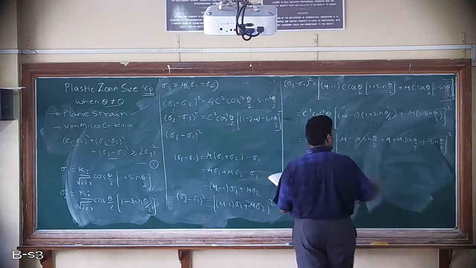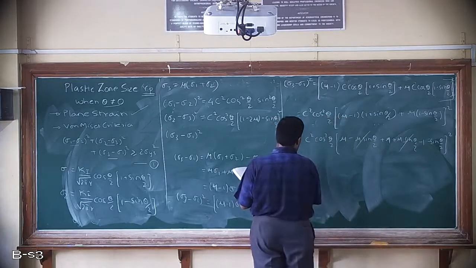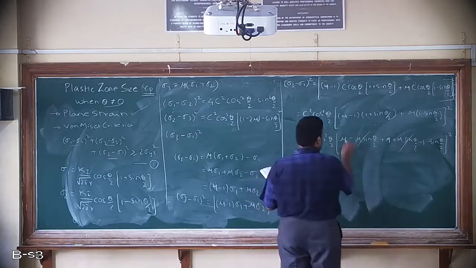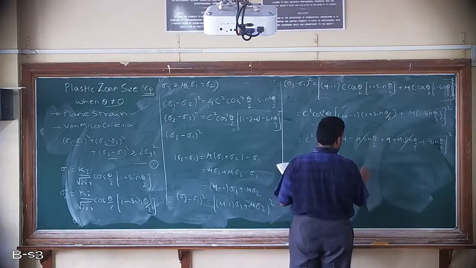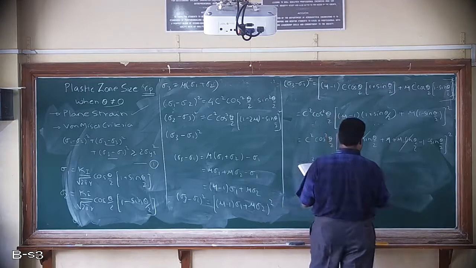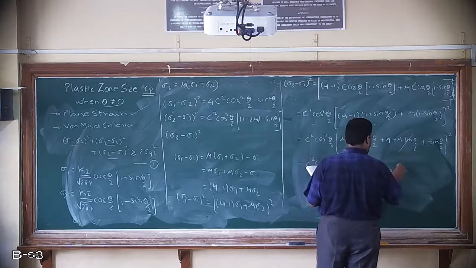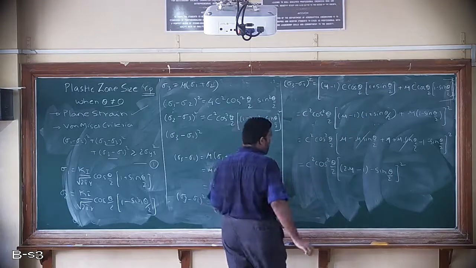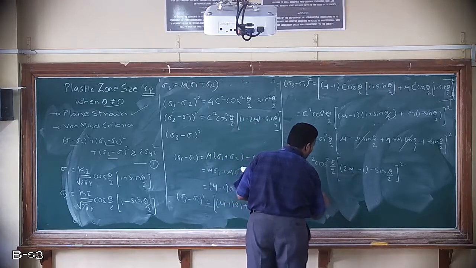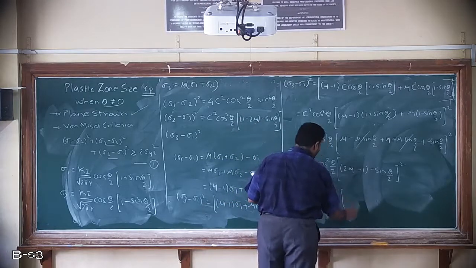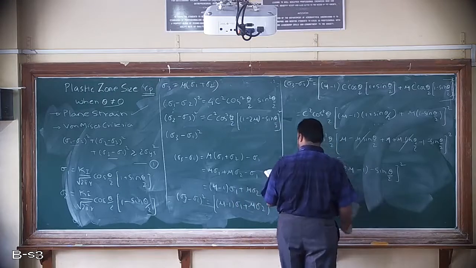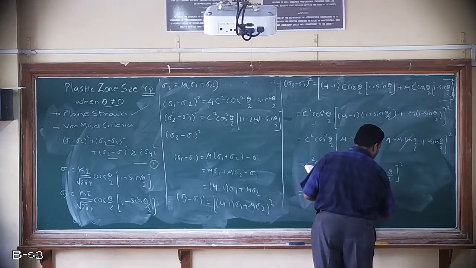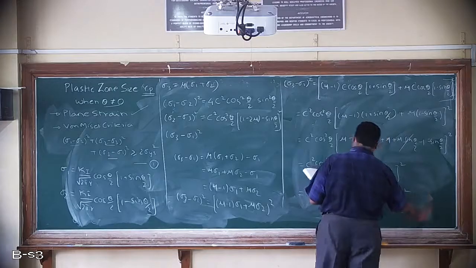So here minus mu and plus mu sine theta by 2 gets cancelled. So what remains is c square cos square theta by 2, mu plus mu is 2 mu minus 1 minus sine theta by 2 the whole square. So we shall rearrange this term such that we get 1 minus 2 mu over here. So this can be written as c square cos square theta by 2 as minus of 1 minus 2 mu minus sine theta by 2 the whole square.